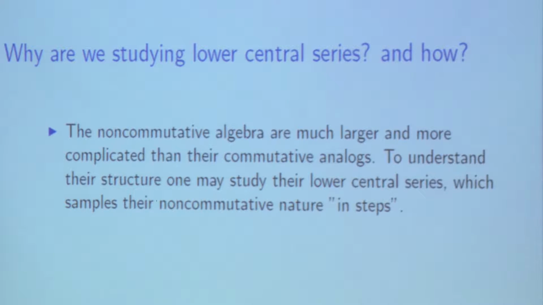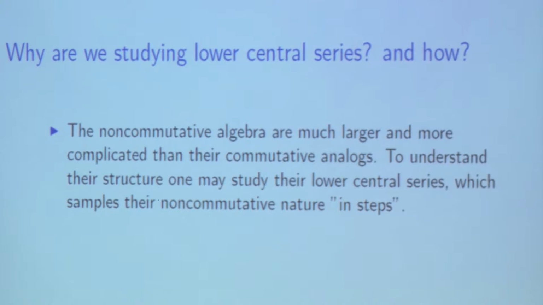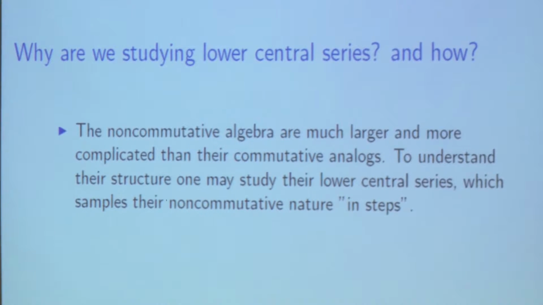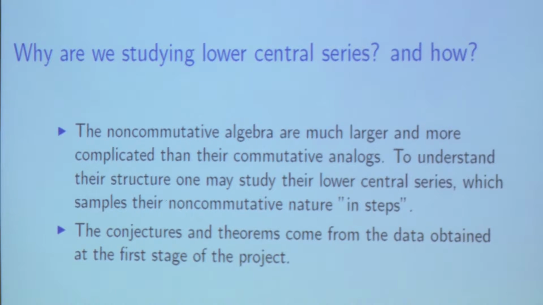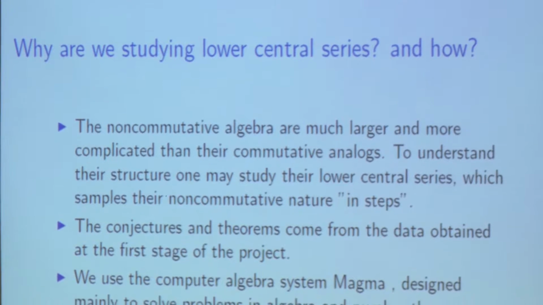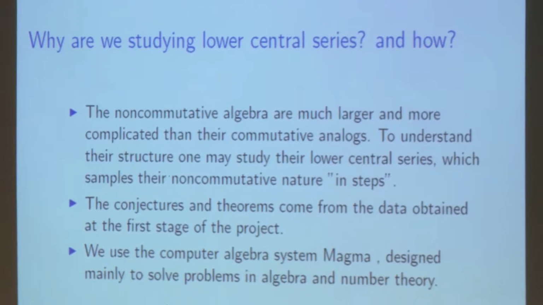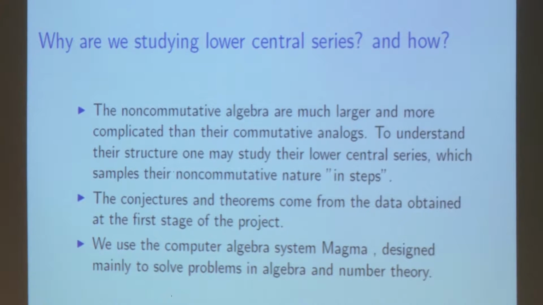Now, why are we studying the lower central series? Non-commutative algebras are much larger and more complicated than commutative ones. So, to understand their structures, we may study their lower central series. So, how do we study it? Now, we have conjectures and theorems. This comes from data we obtained by a Magma program, a system designed to solve problems in algebra and number theory.